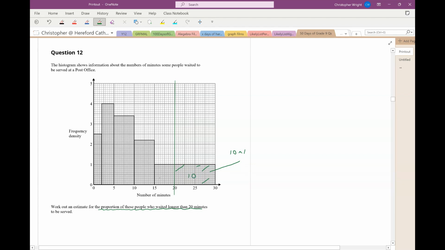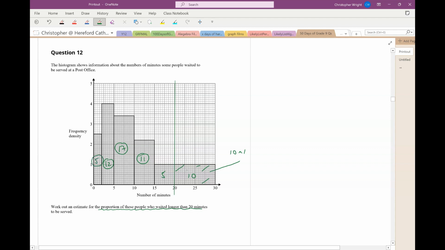Here we go, 5 by 1, an area of 5. 5 by 2.2, 11. 5 by 3.4, 17. What's that one? It's not 5, is it? It's 3. 3 by 4 is 12. And 2 by 2.5 is 5.